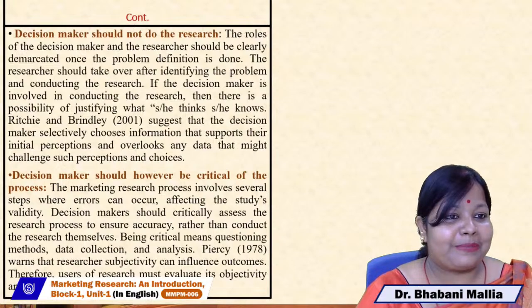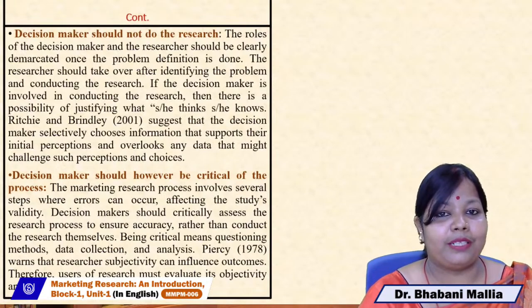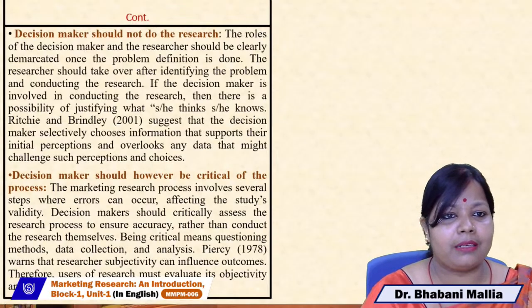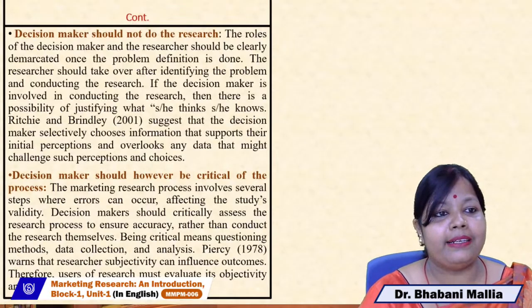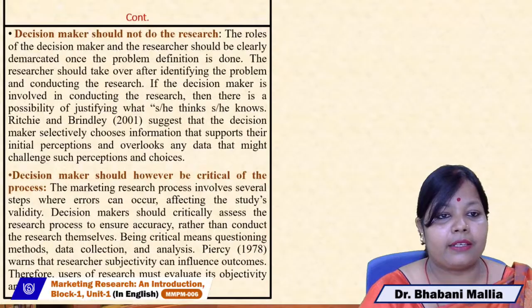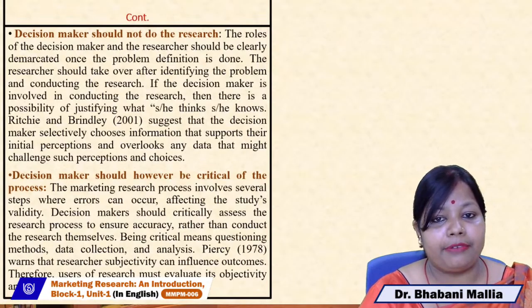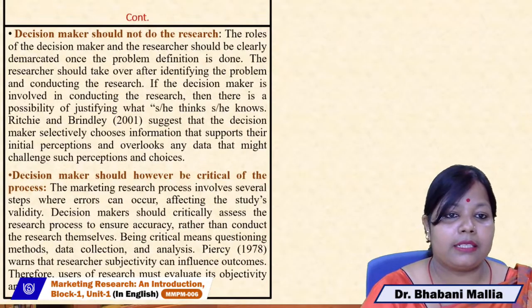The next point is decision makers should not do the research. The roles of the decision maker and the researcher should be clearly demarcated once the problem definition is done. The researchers should take over after identifying the problem and conduct the research.